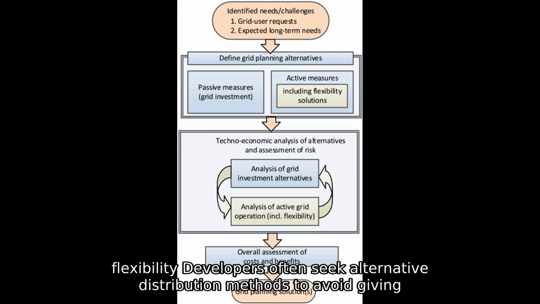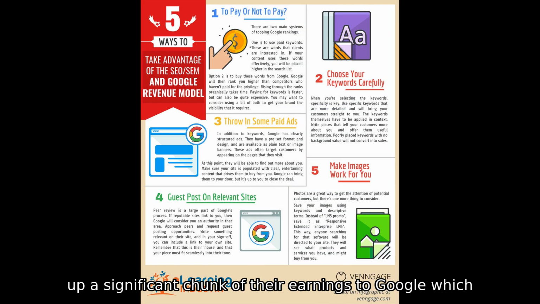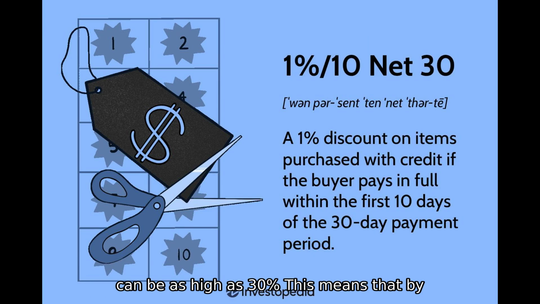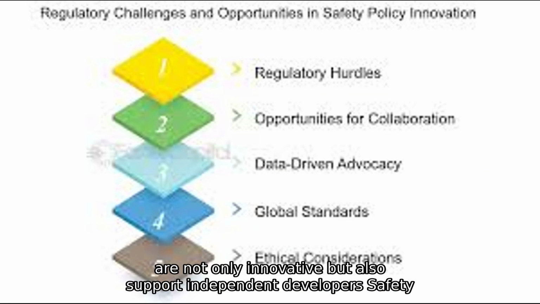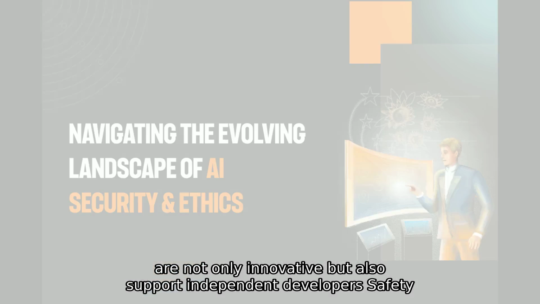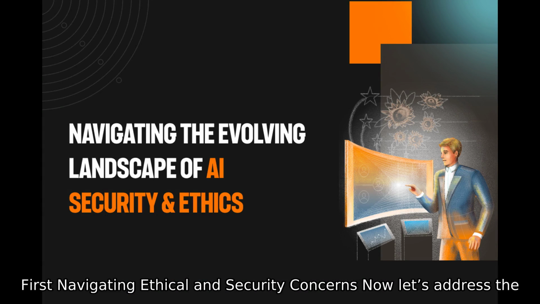Developers often seek alternative distribution methods to avoid giving up a significant chunk of their earnings to Google, which can be as high as 30%. This means that by exploring outside the Play Store, you might discover apps that are not only innovative but also support independent developers.